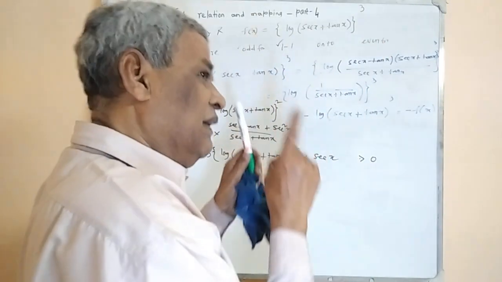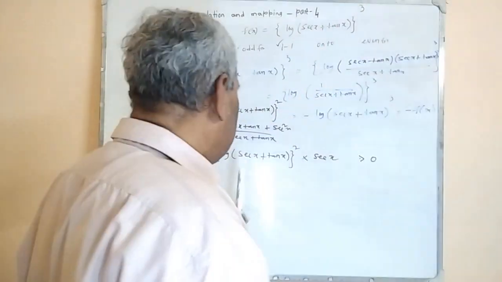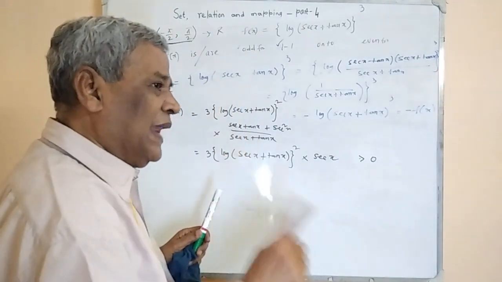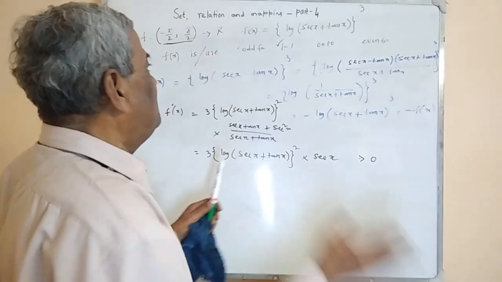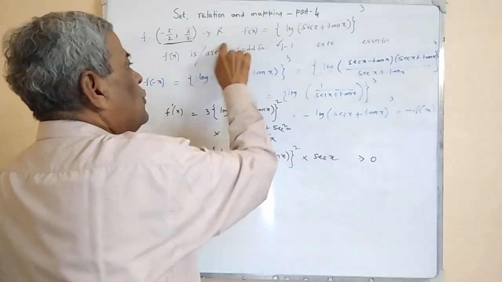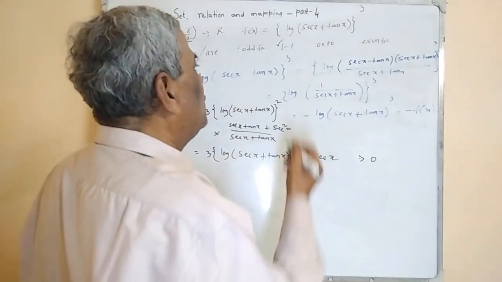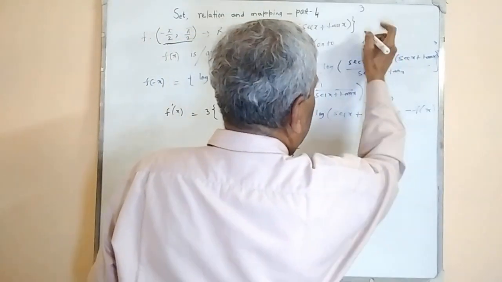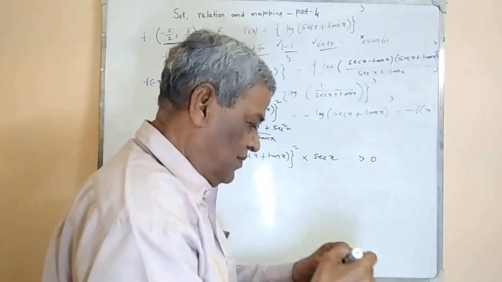So it starts from minus infinity up to plus infinity, and it is a continuous function. So it will assume all values between minus infinity and plus infinity, that is all values of R. So it is onto. So it is an odd function, one-one, onto, and not even. So these three options are correct.